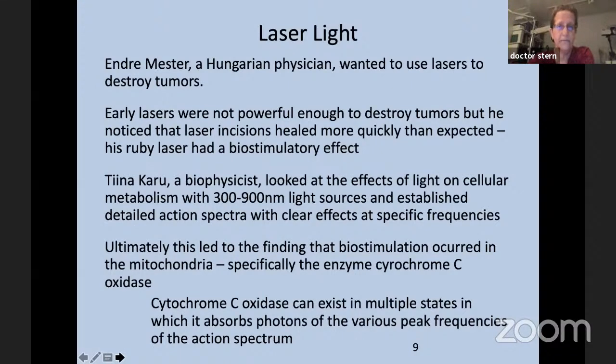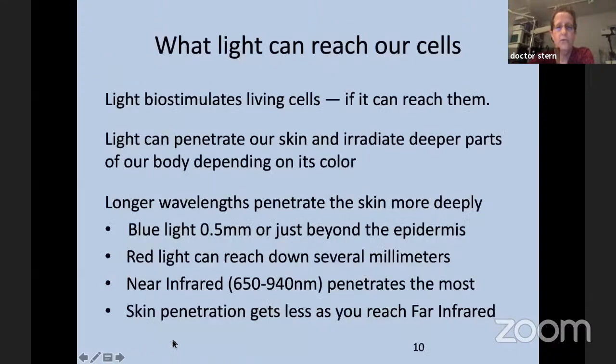in the mitochondria. So what light can reach our cells, I think, is important, because it does penetrate our skin. But what you need to understand is that blue light doesn't get much beyond the epidermis, the top layer of the skin. Red light can get down even further, and near infrared penetrates the most.